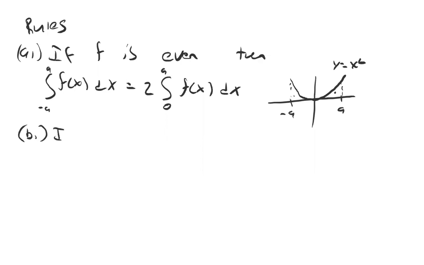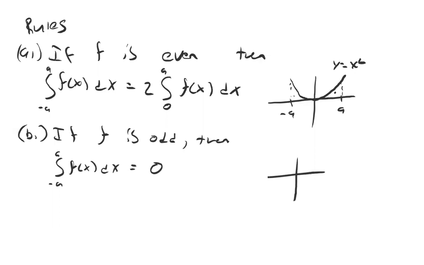If f is odd, then the integral from negative a to a of f of x dx is going to be 0. There's a similar reasoning if you look at the graphs. There are a couple of odd functions, but I think the easiest one to see is sine of x.